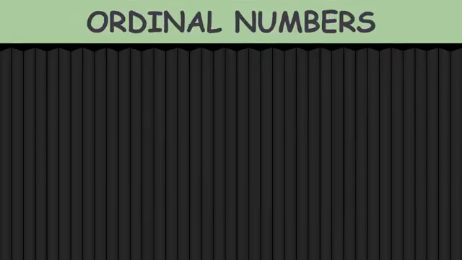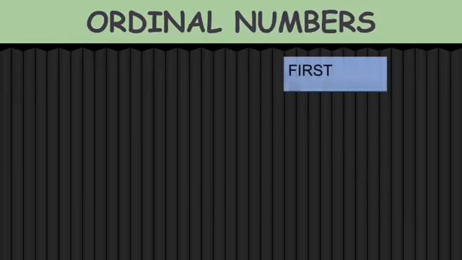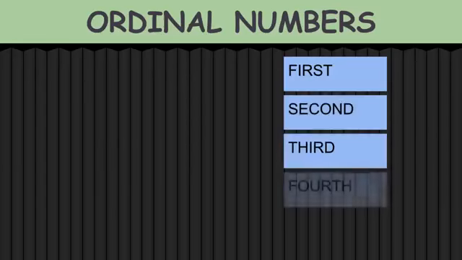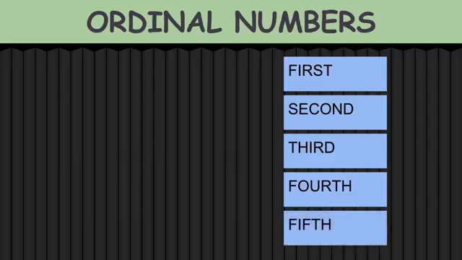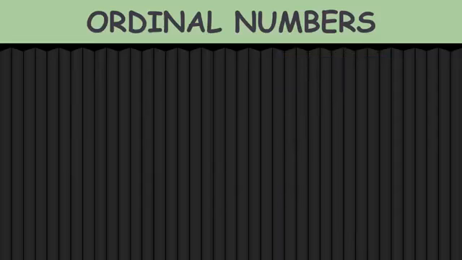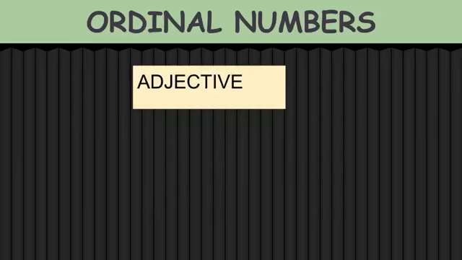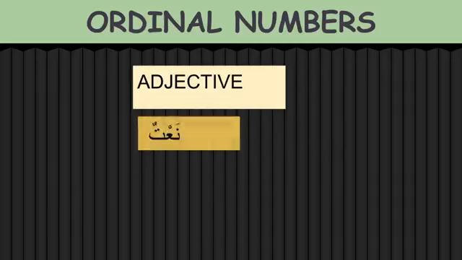So going to ordinal numbers, these are the numbers which give us the position. So it's like first, second, third, fourth, fifth, and so on and so forth. So how do we know in Arabic that we are describing an ordinal number? You will be pleased that the ordinal number comes as an adjective, which means the masculine will have masculine, there's no confusion. The feminine will have feminine, that is a naat man'ut relationship.